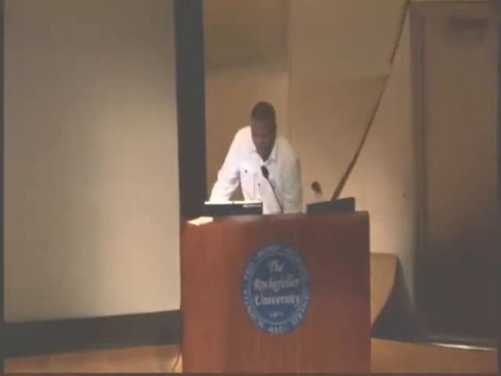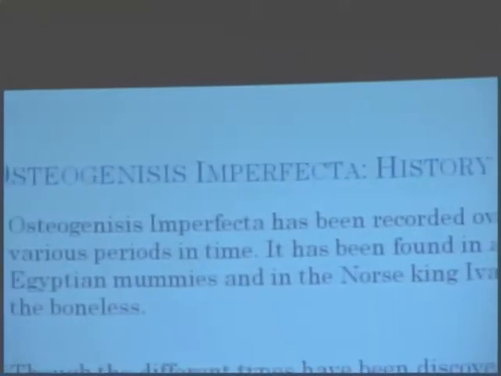All right. So there are different types of this disorder. It starts from OI type 1 through OI type 8, and each type they're similar, but they have their own specific differences. And the history behind it is, osteogenesis imperfecta has been recorded over various periods in time, such as Egyptian mummies.